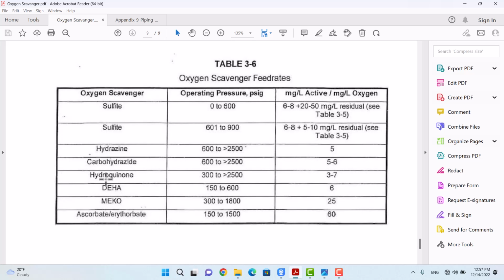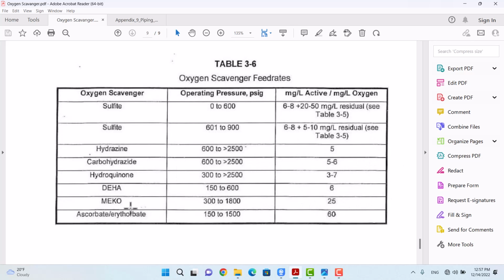If you want to optimize the consumption rate of your oxygen scavenger, or let's say yearly consumption of oxygen scavenger, you should look at this table and calculate which one is the best for you. So three parameters: operating pressure of your steam drum, the environmental factor, whether it can cause cancer or health issues for your personnel, and the third one is the consumption rate.